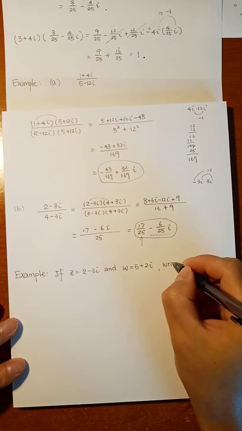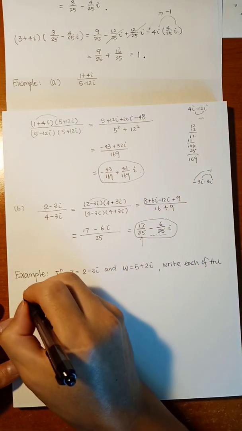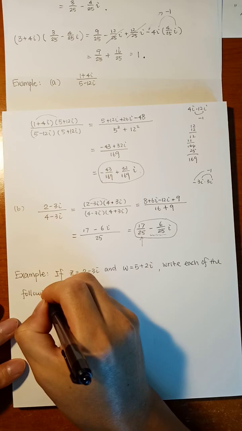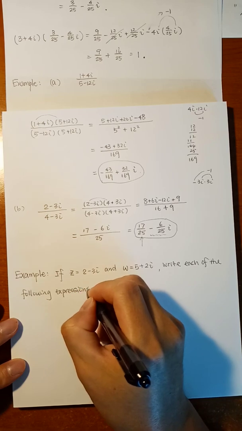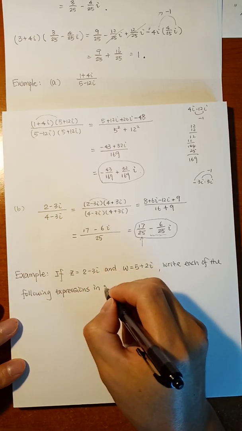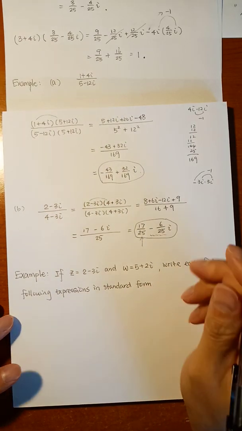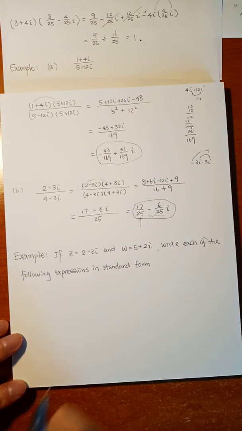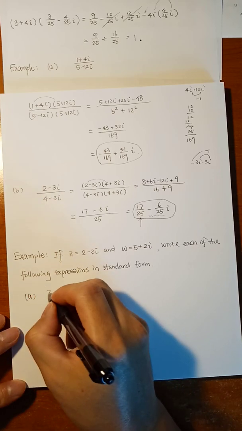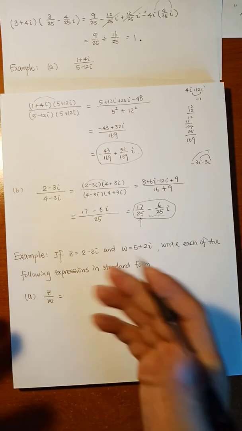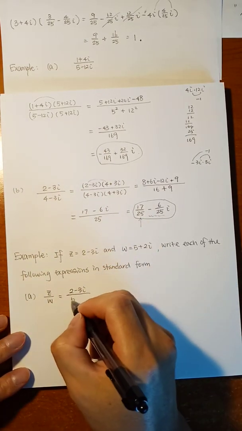Write each of the following expressions in standard form. Okay, we're going to write in the standard form, means like this. (a) z over w, the quotient. So it's 2 minus 3i over 5 plus 2i.